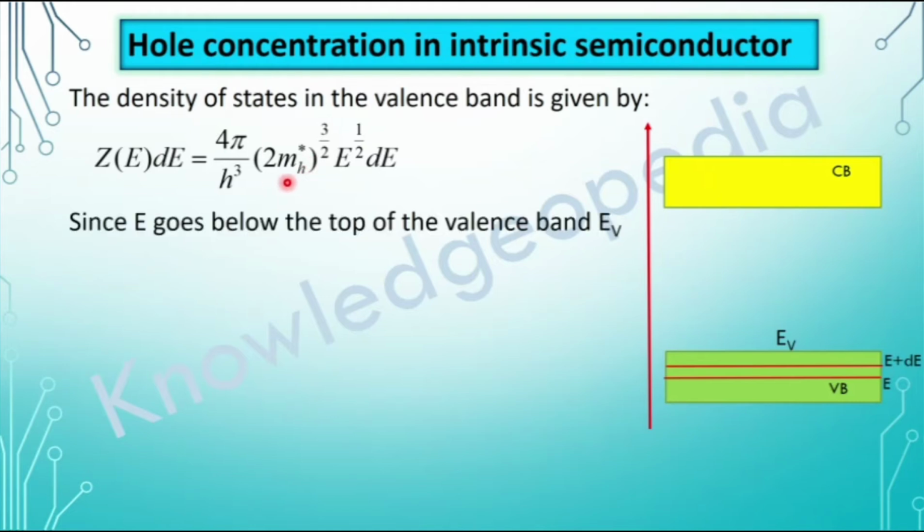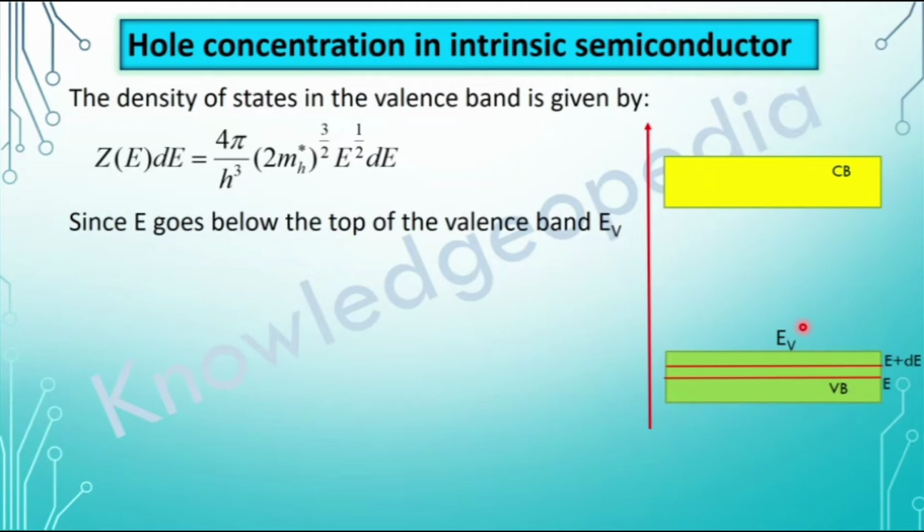Further, we are considering the states with energy E which are present below the top of the valence band. If EV is the energy of the states lying at the top of the valence band, and we are considering all the states available below EV, that means we can take EV as our reference.